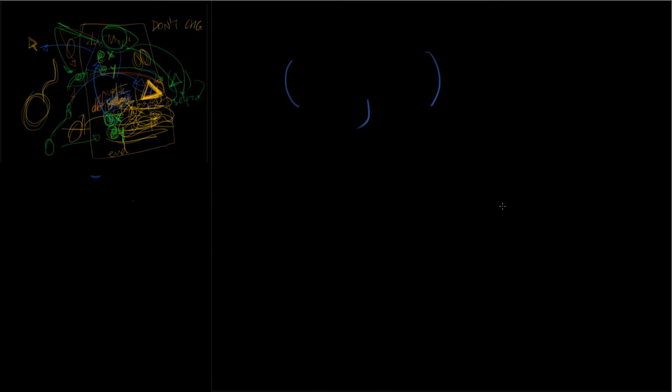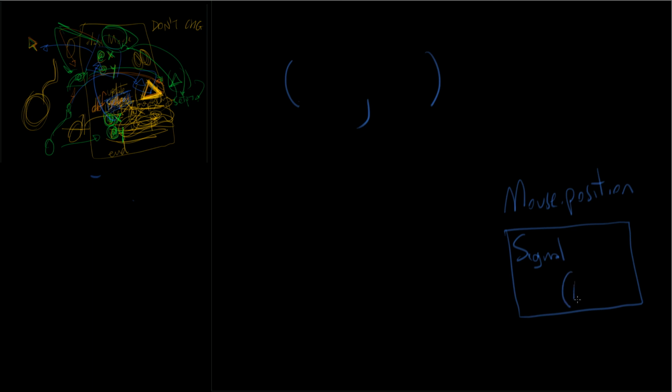And then I have this mouse.position signal. That is a context. So the signal is a pair of naturals in the context of a signal, right? That's what the mouse position is, a pair of naturals in the context of a signal. And now I want to show it on the screen.